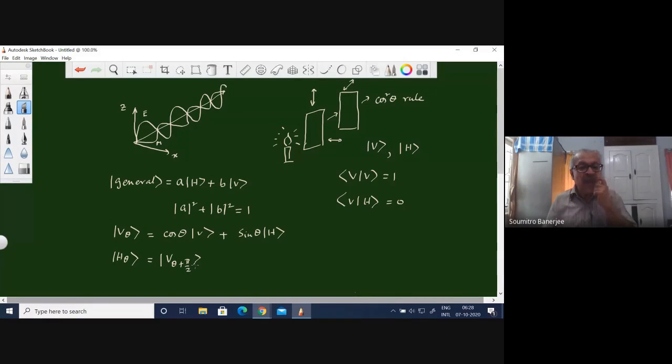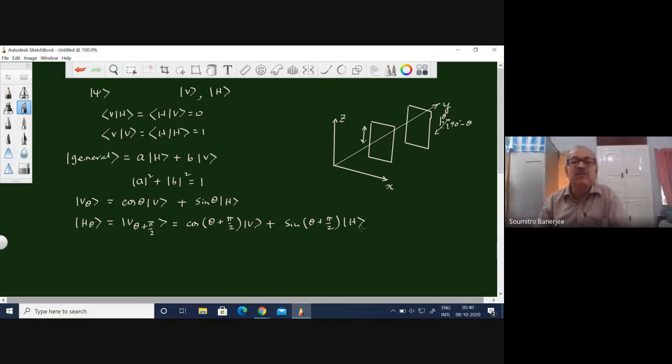Okay. And if we now write it in terms of that, it will become cos of theta plus pi by 2 V plus sine of theta plus pi by 2 H.